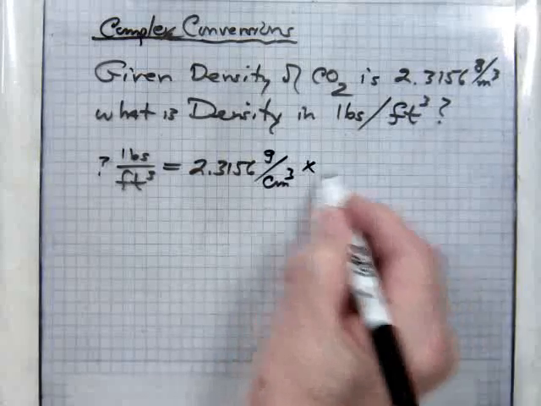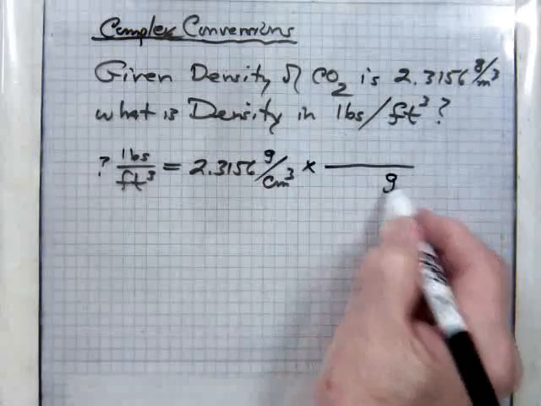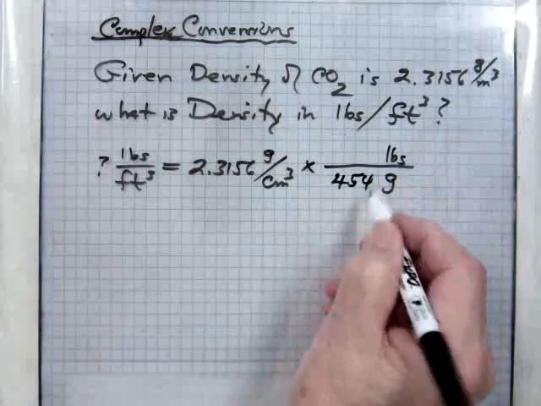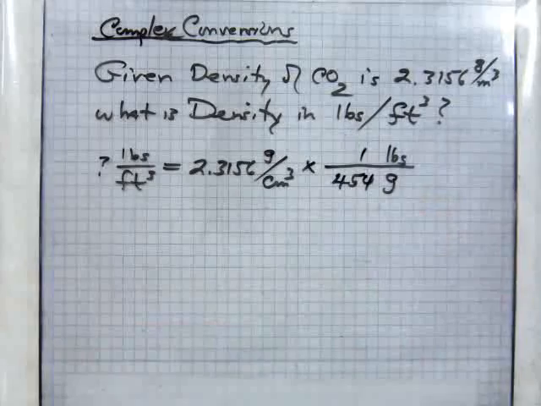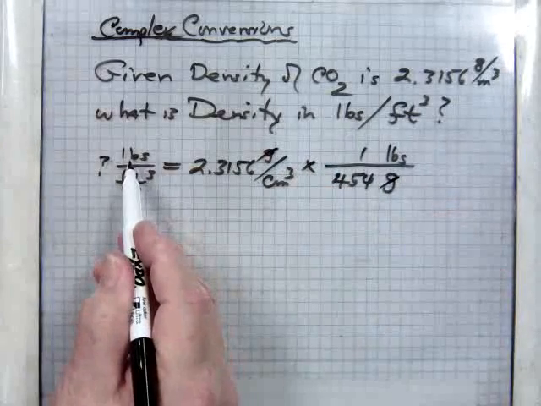Like that. And so we'll first convert the grams to pounds, and I happen to know there are 454 grams in 1 pound. So that allows us to convert to the needed dimension of pounds.